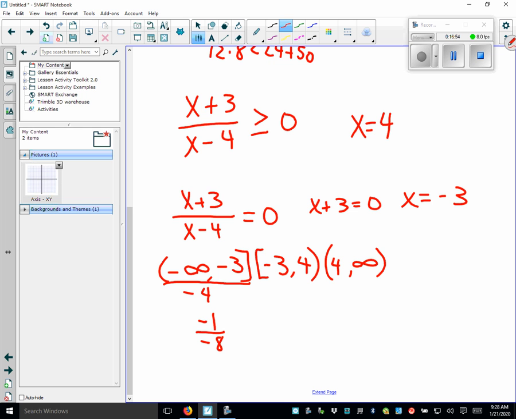What am I going to use for the middle one? 0 gives me negative 3/4 is greater than 0. Nope. 5 gives me 8 over 1, so that works. Right? You good with that?